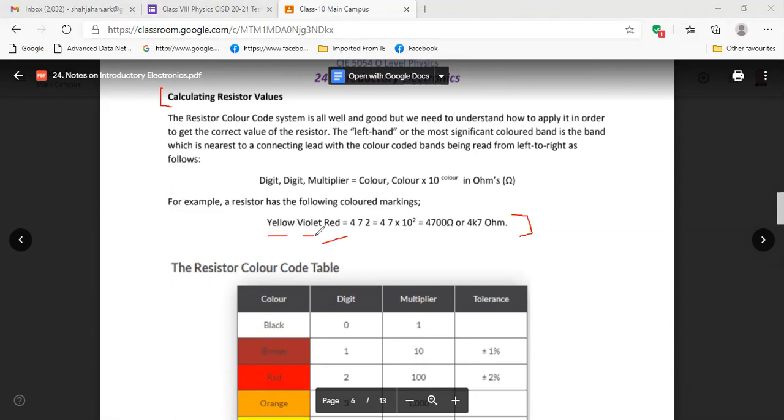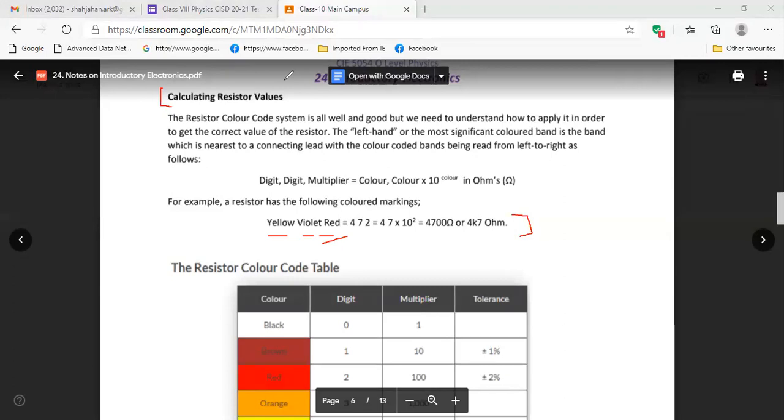In a resistor, we have yellow, violet, and red color. Three bands are given, or they can say brown, orange, blue, or green. Any color they can give you.